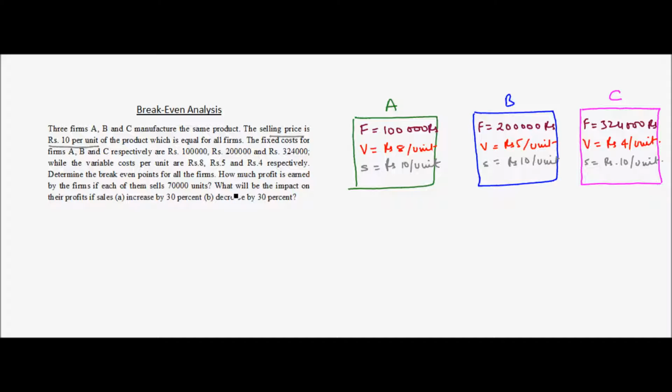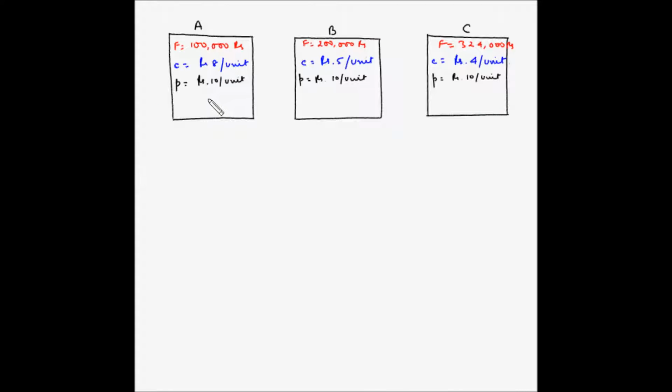Also, we have to find out the impact on the profits if the sales first increases by 30% and second decreases by 30%. So let's find out the answers to each of these questions one by one. So now the first question is to find out the break-even points for the firms.